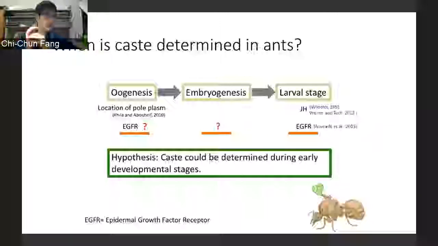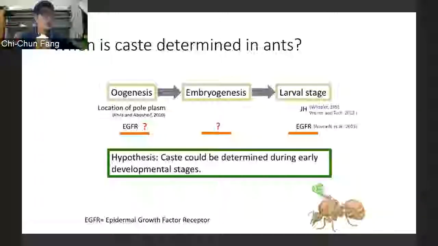Back in the 1990s, Diana Wheeler and other groups thought juvenile hormone plays an important role at the late larval stage in determining whether an individual will become a future queen or just a worker. The more juvenile hormone is expressed, the higher the possibility that the individual will become a queen.